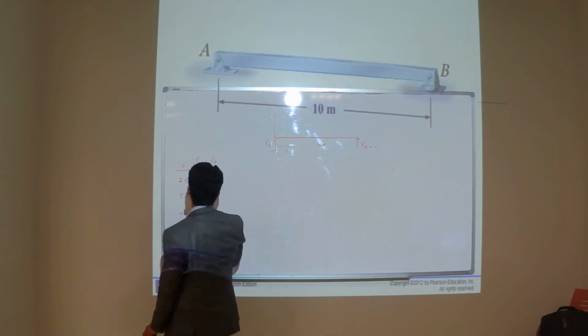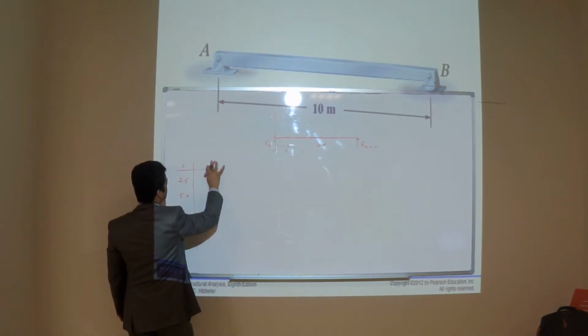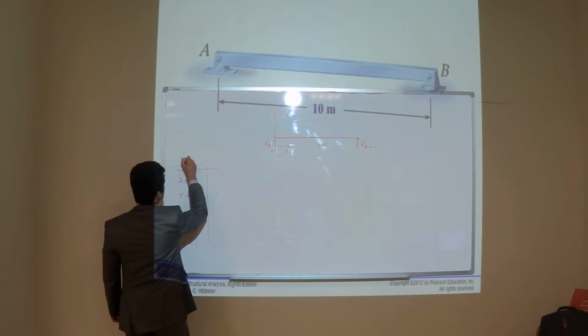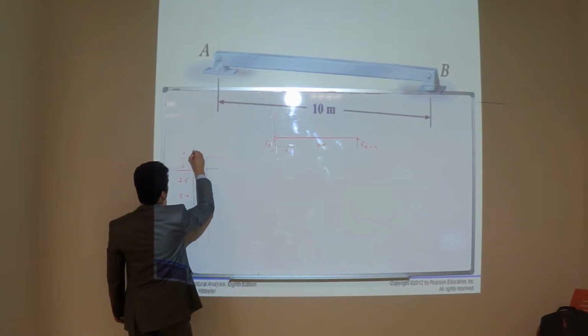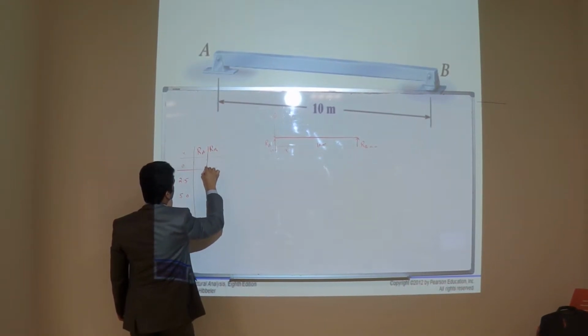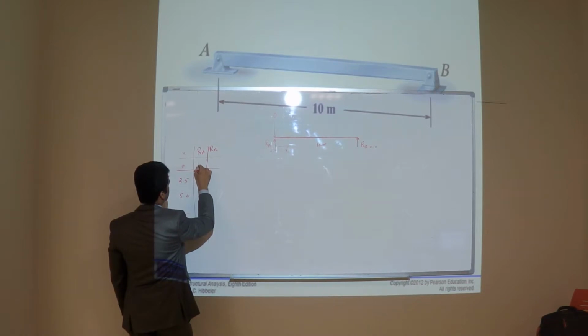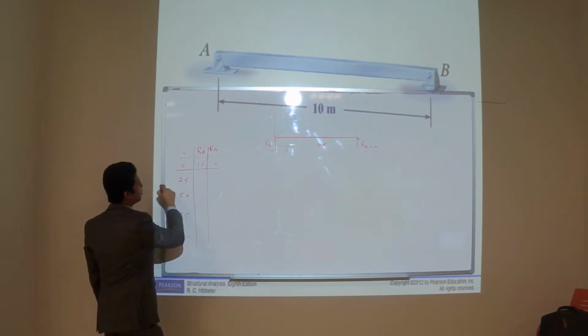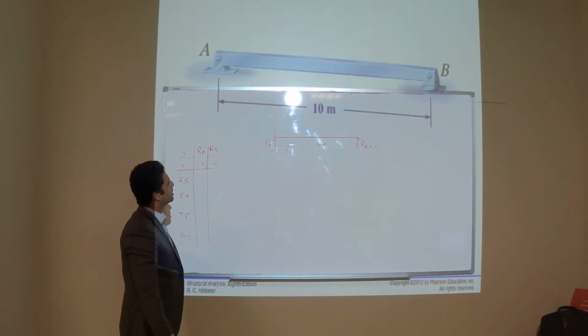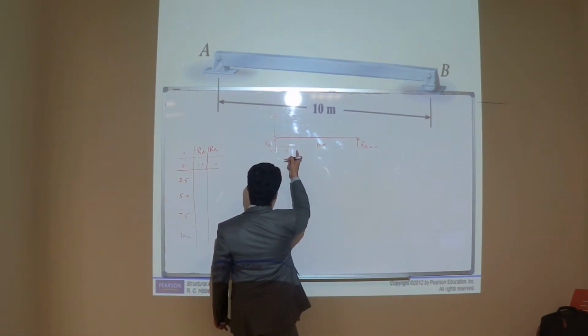So you can say when x is 0, RA is 1 and RB is 0. So what about when x is equal to 2.5? Now in the second case, this is case 1.